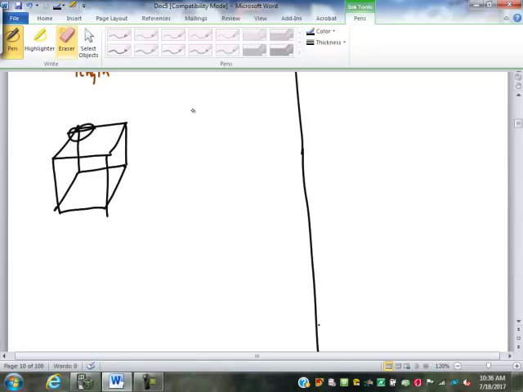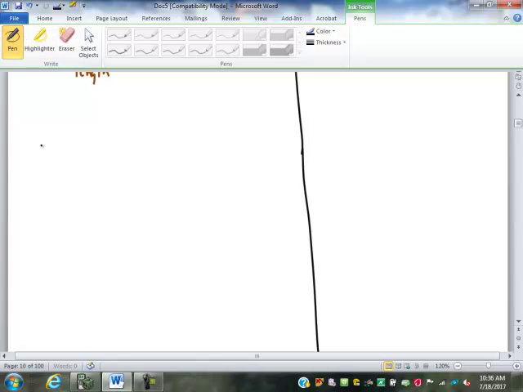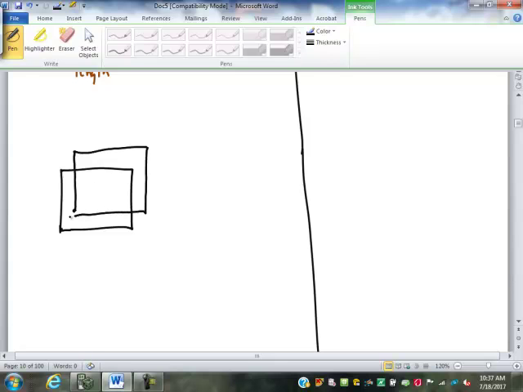So I'm going to show you a little trick. If you struggle making boxes like that, make a rectangle. Then from one corner you go up and over. Draw a second rectangle the exact same size, just offset that much. Connect the corners. You have a box.